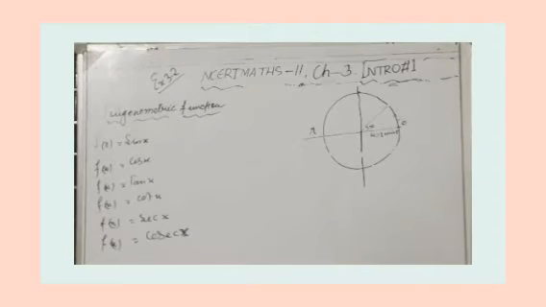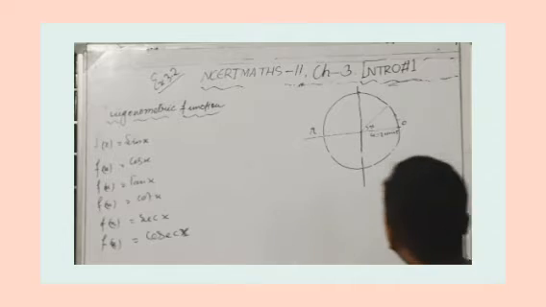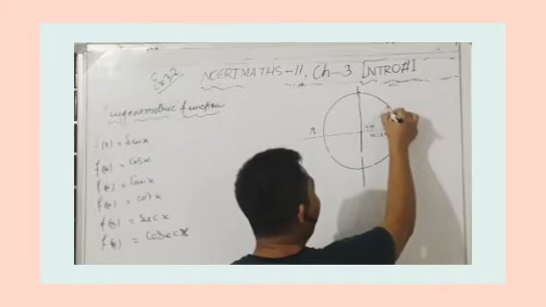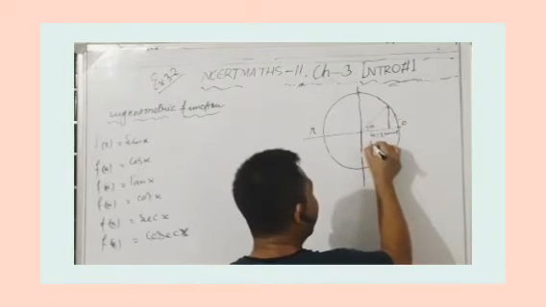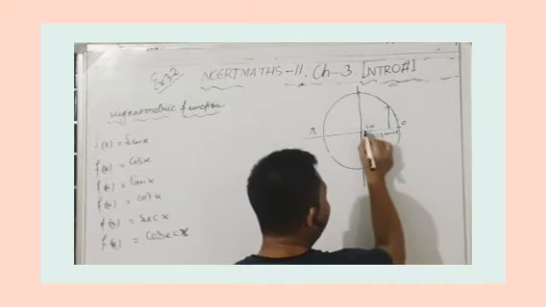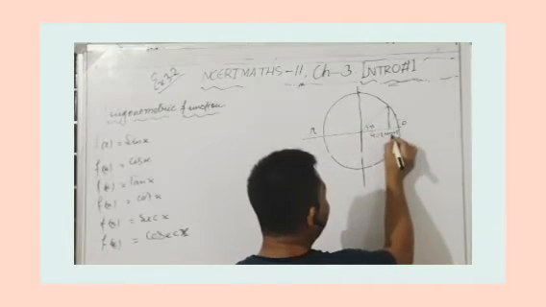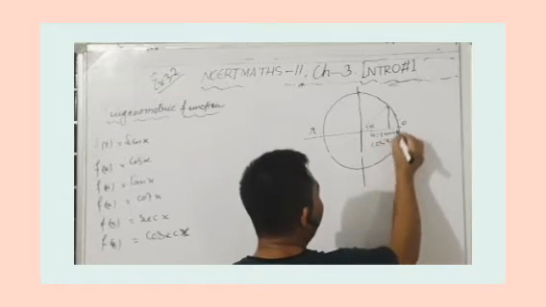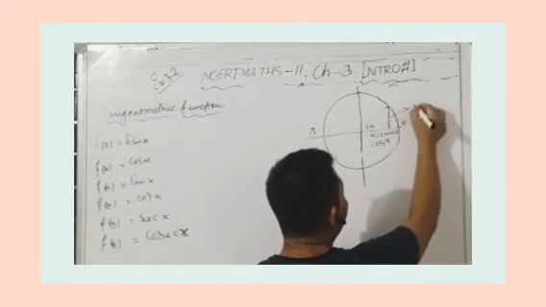So here it is a height, and this is the base. The base from here to here is of unit radius, and this is cos x, and this height is sin x.